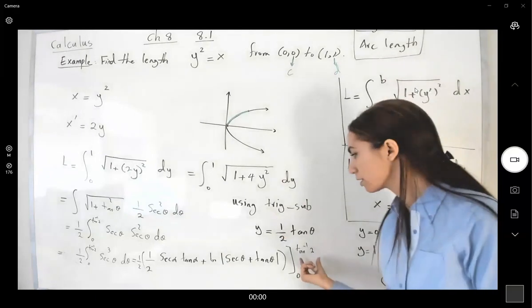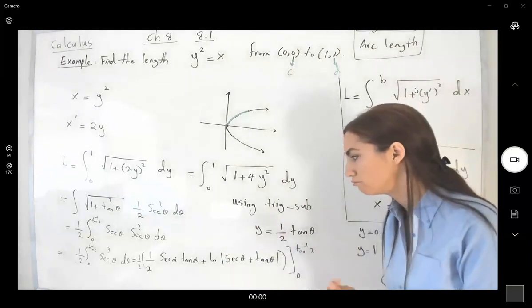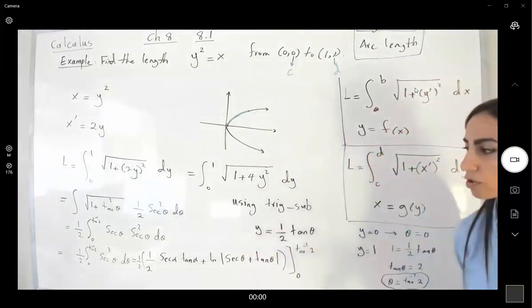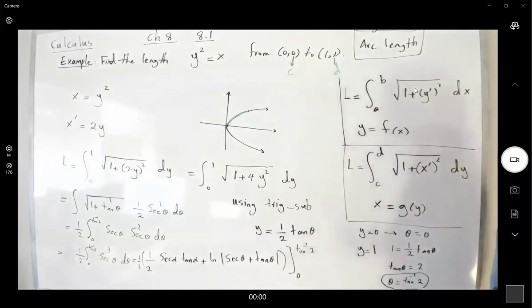Then you can calculate this number, plug that in, and eventually you can use your calculator to calculate this length.